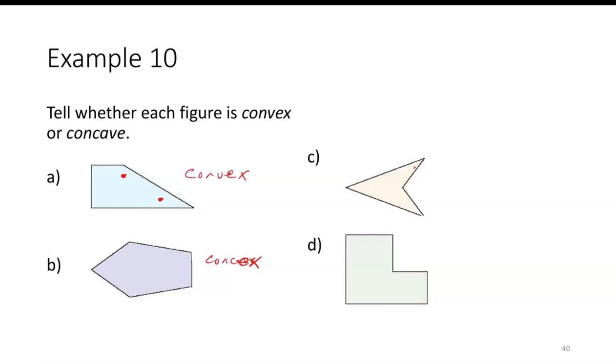Part C, if I put myself in that right corner and my friend in the other corner, you can see that we would be blocked. There's a wall that would keep us from seeing each other. So part C is concave, as is part D. Concave is just that there is a place somewhere in there where you and your friend can be outside of each other's line of eyesight.